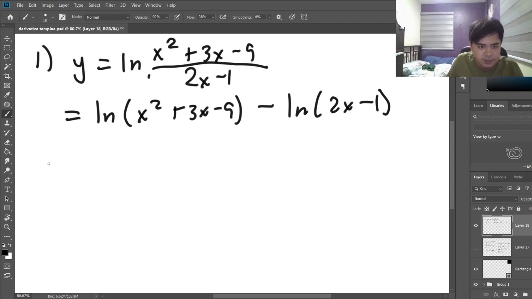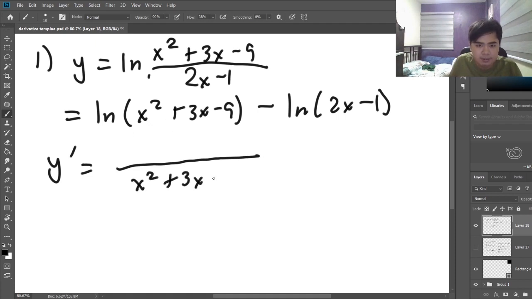Alright? So the derivative now becomes, well, the derivative of the ln is 1 over x. So it's 1 over something. So let's put the denominator first. This is the denominator, x squared plus 3x minus 9. Now the numerator is 1, but we have to multiply it by the derivative of the input because of the chain rule. Again, output, this is the outside, and then this is the inside function.